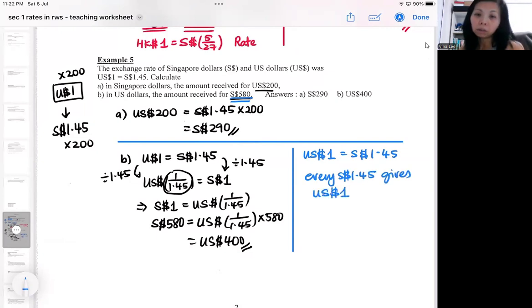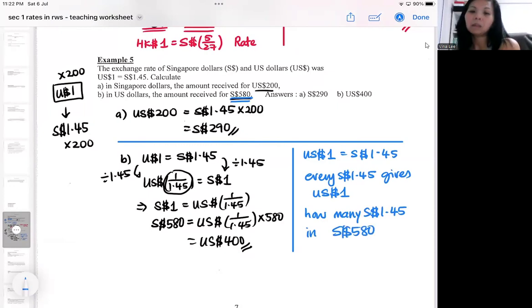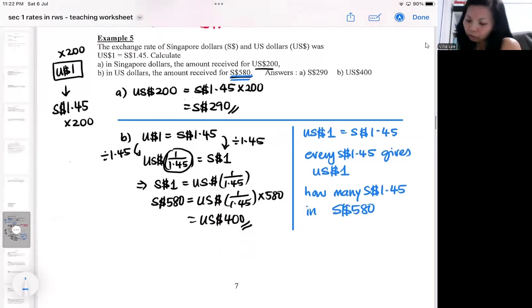Then you can think, how many $1.45 are there in 580? How many $1.45 can you find in $580? You can think about it in this way.